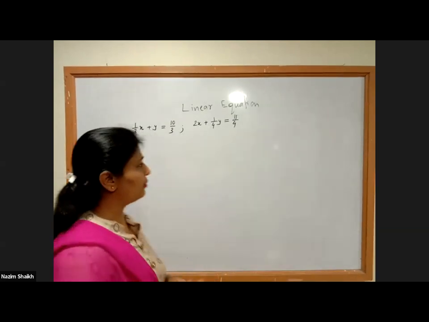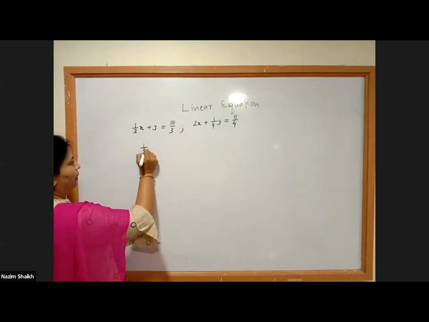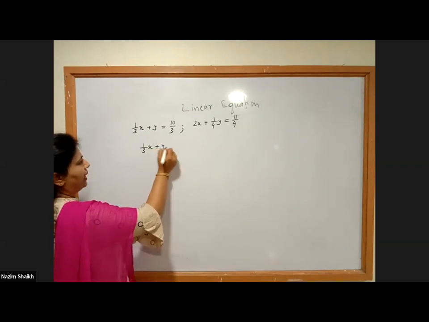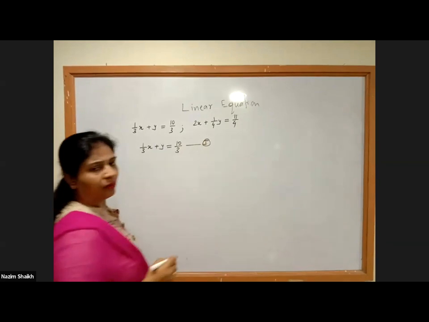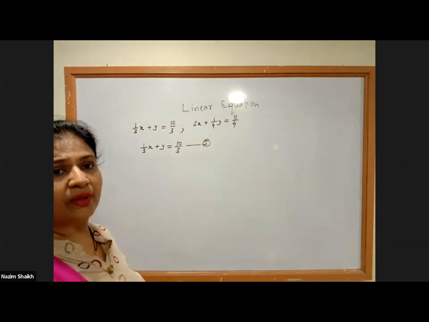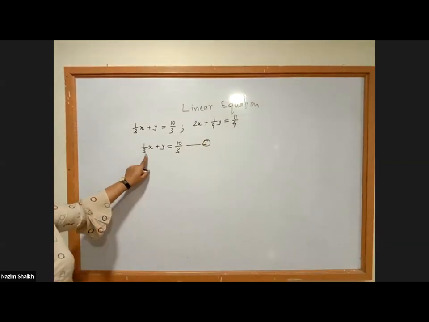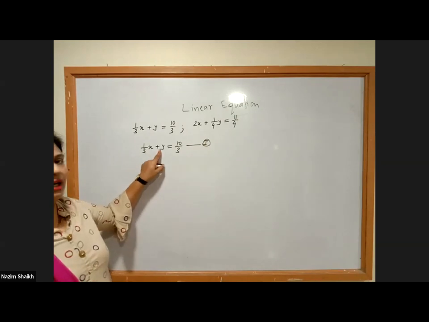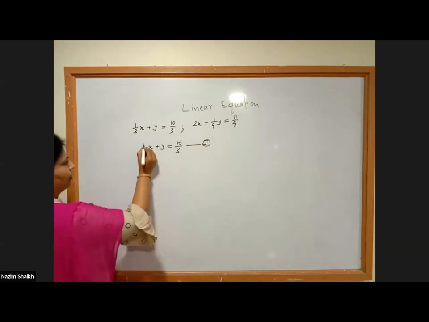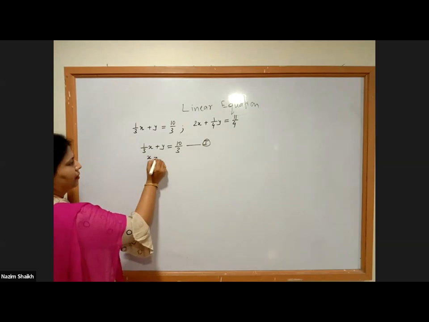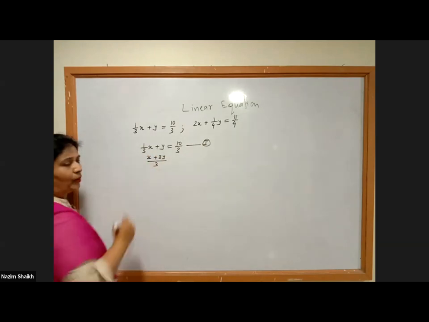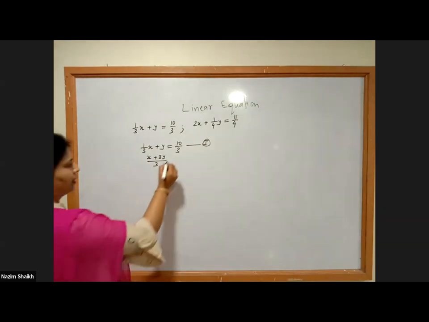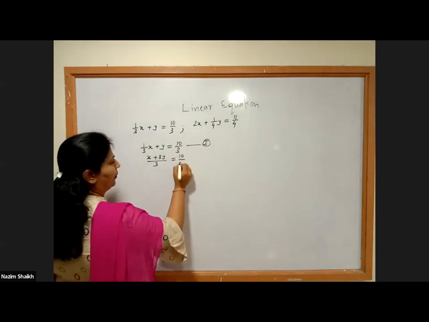Check out the first one. 1 upon 3x plus y is equal to 10 upon 3. I am labeling it as equation 1. Here this 3 will do the cross. So I am going to get 1x plus 3 into y is 3y, the whole upon 3 is equal to 10 upon 3.